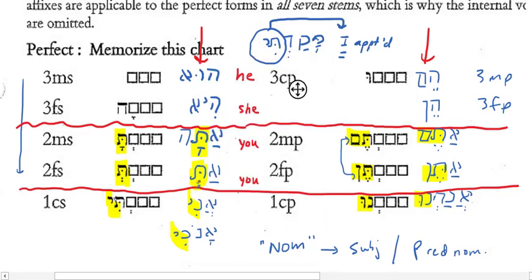Well, if you compare the form ata with the personal ending ta, do you notice that the second half of ata sounds just like the personal ending for you man did something? Pakadta. If I wanted to say you pakadta, it'd be ata pakadta. You see the ta-ta here? Okay? It's because the personal ending really is related to this personal pronoun here.